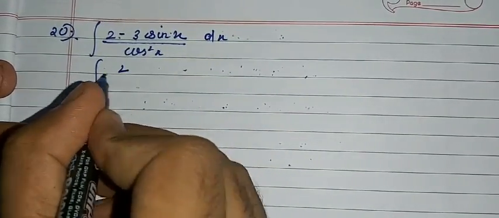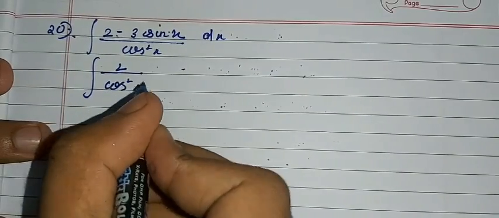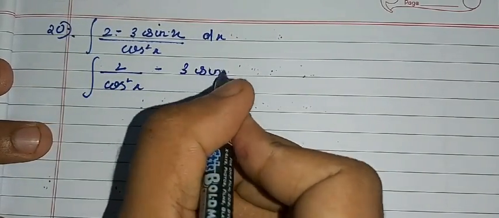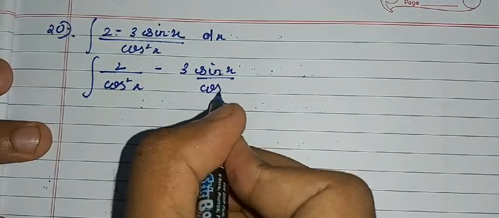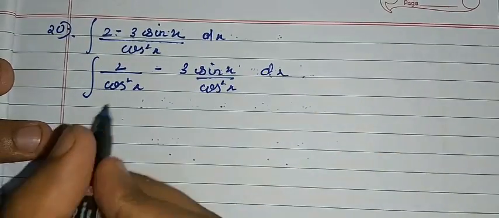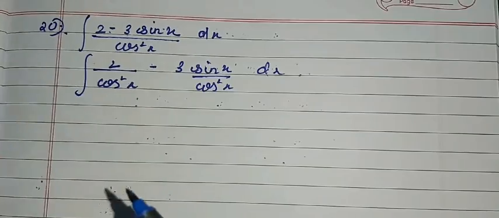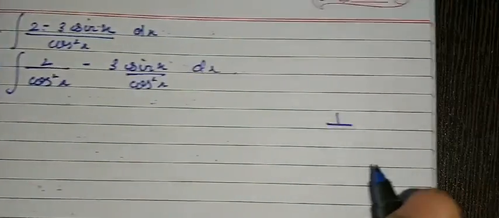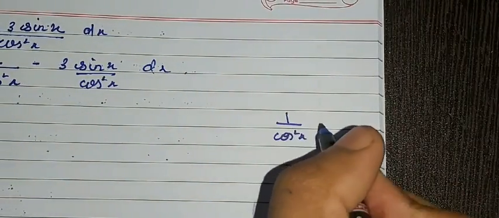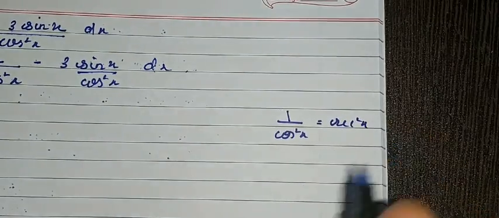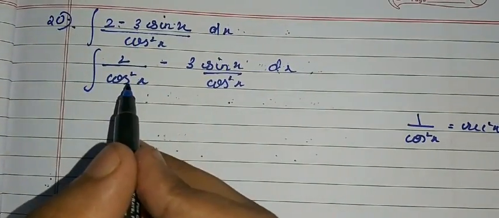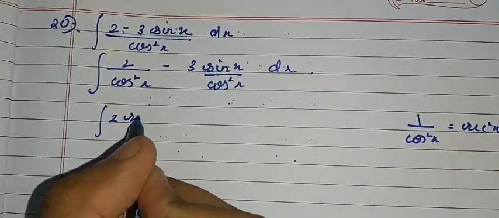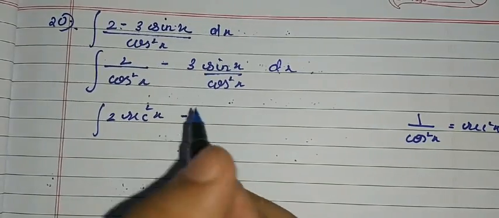It will look like this: 2 by cos square x minus 3 sin x by cos square x into dx. What is 1 by cos square x? 1 by cos square x is equal to sec square x. So 2 by cos square x is equal to 2 sec square x.